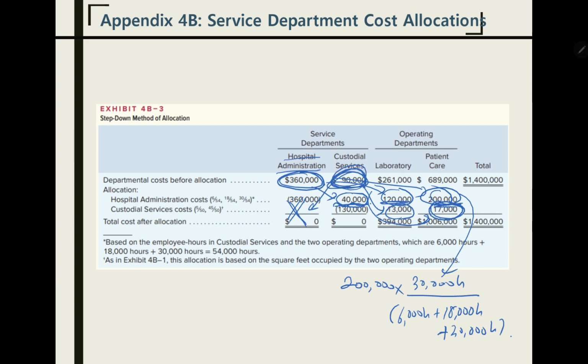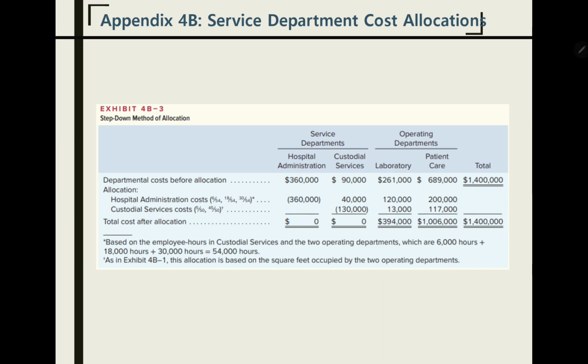So the 90,000 is allocated to the laboratory and patient care as each. Okay. And look at this. When we are allocating the custodial services cost in the second step, we do not allocate only the 90,000.